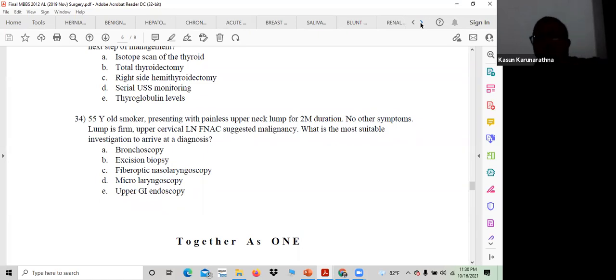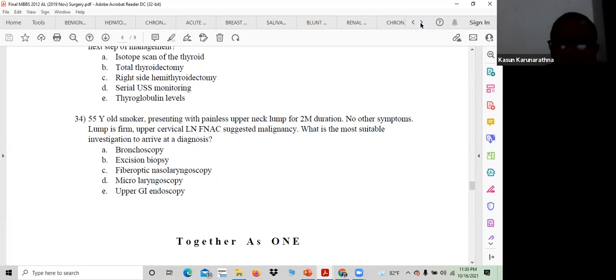If it is adenocarcinoma, again, you should think about breast and GI carcinomas, then you go for immunohistochemistry. If it is squamous cell carcinoma, there's no point of taking histology. You should do the pan endoscopy, right?